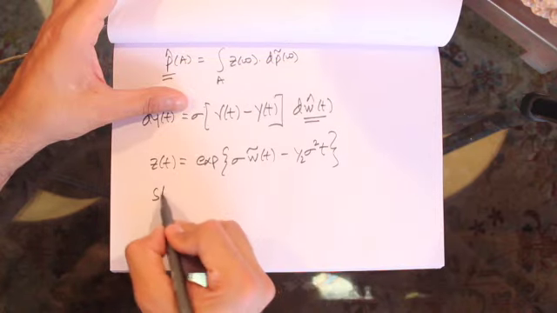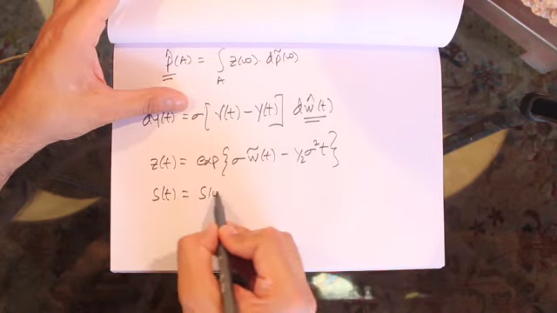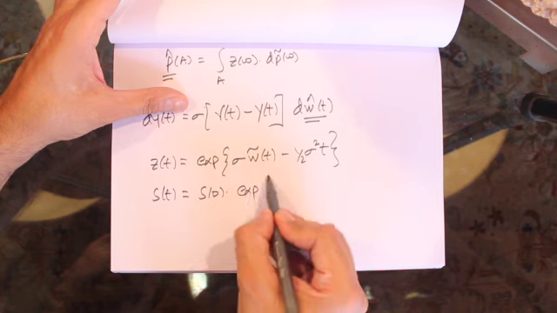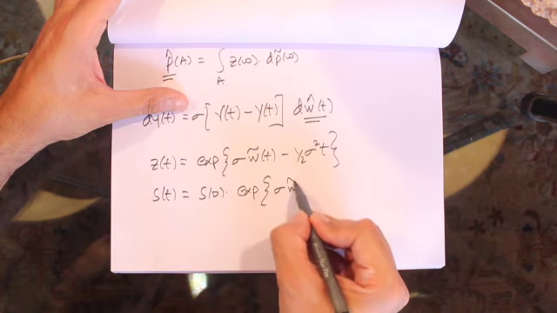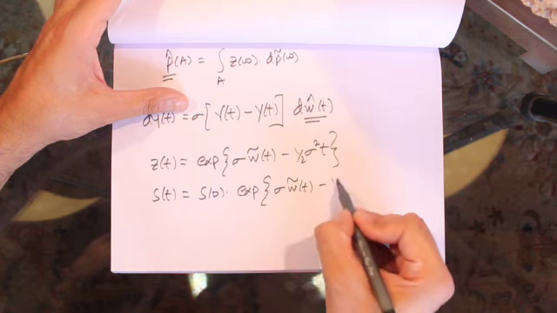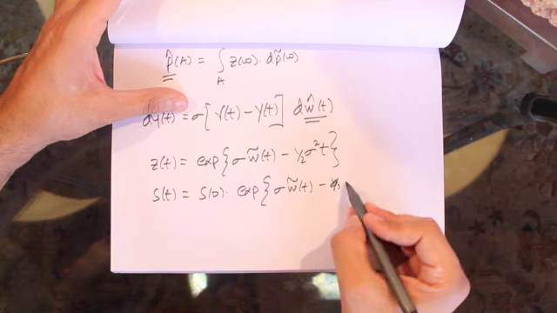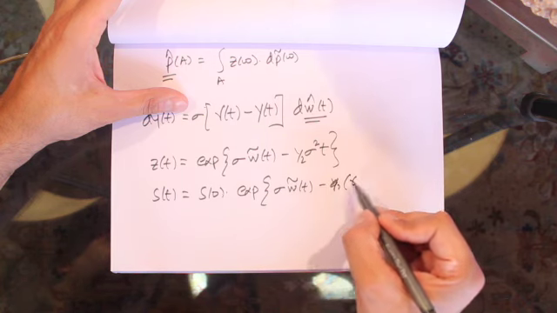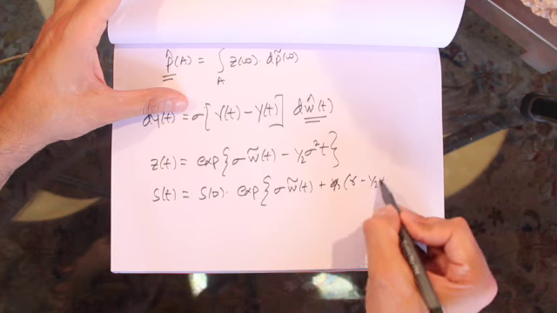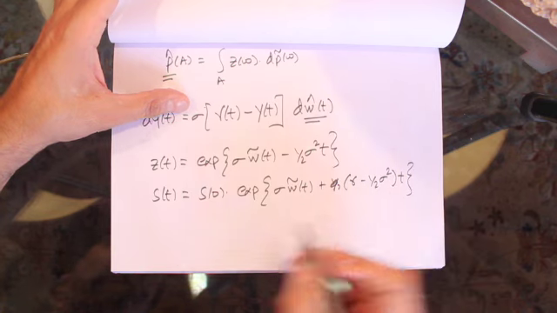And we know that S(t) is nothing but S0 times e to the power of sigma W tilde(t) minus half sigma squared t plus r t.